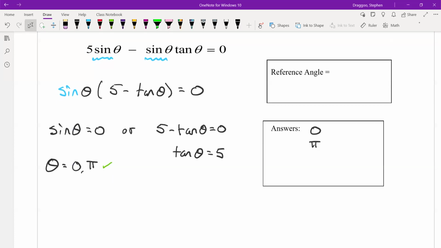So if tangent of theta is equal to 5, that means that our reference angle is going to be the tangent inverse of 5. And when I plugged that into a calculator, I got 1.3734.